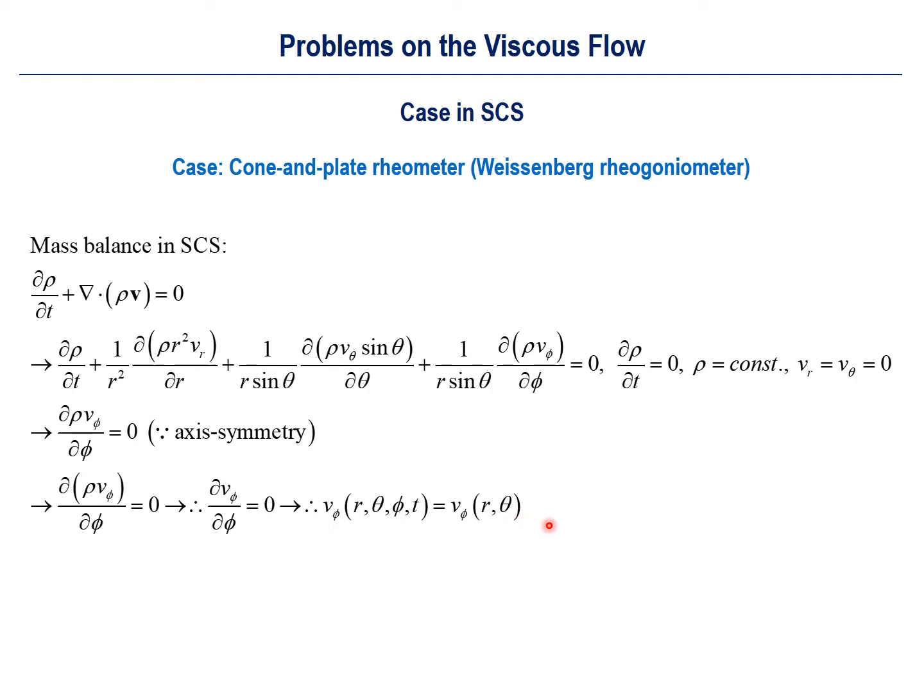It is very easy to understand why there will be dependencies on r and theta here, because the angular velocity is proportional to r, and there is some kind of confinement in the polar angle, which is defined by the cone and the plate here. So there will be dependencies on r and theta, but there is no dependency on phi because there will be axis symmetry around the rotational axis.